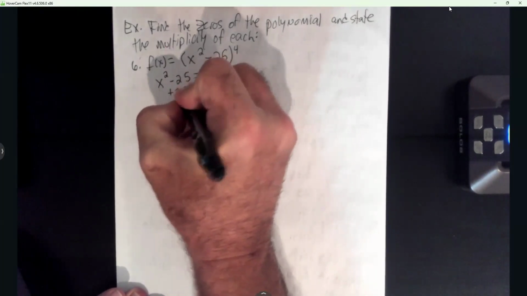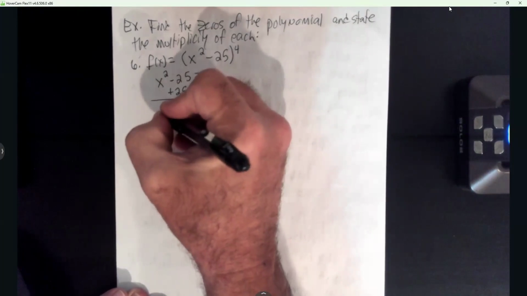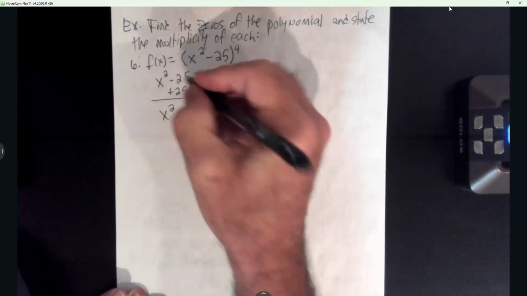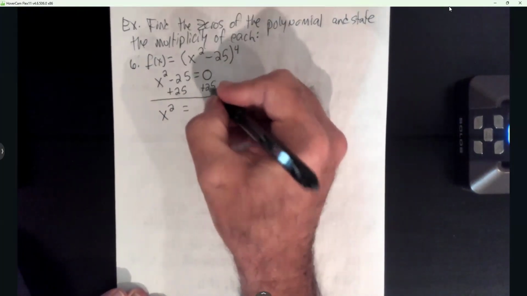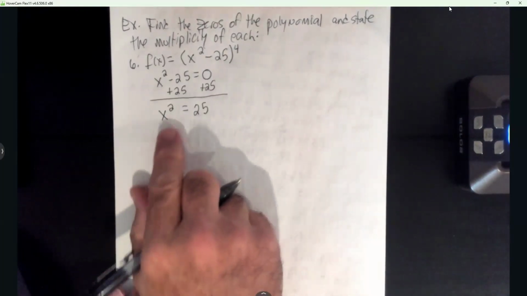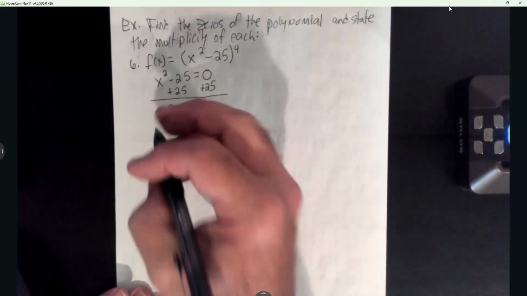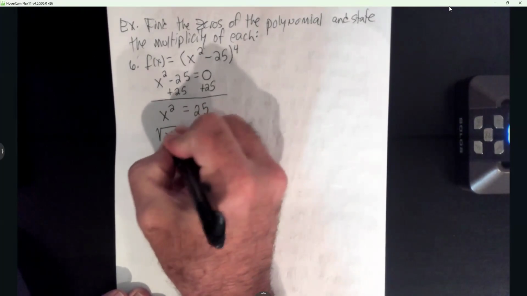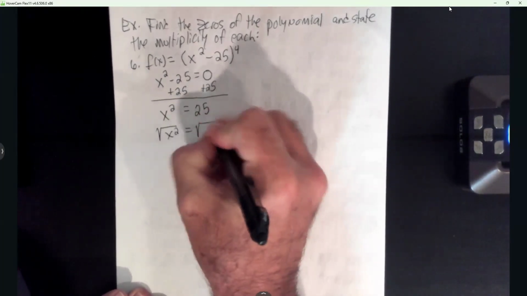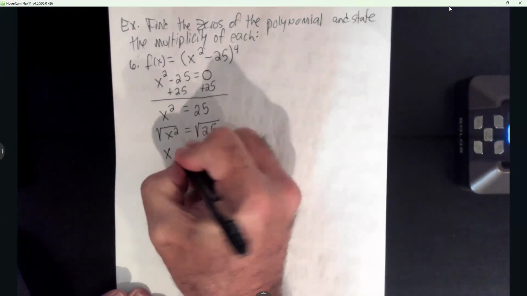So to do that, we're going to add 25 to both sides. So the x squared comes down. That's going to cancel. And then 0 plus 25 gives me 25. Now, I got the x squared by itself, the number by itself. I'm going to take a square root of both sides. So square root of x squared will give me x.